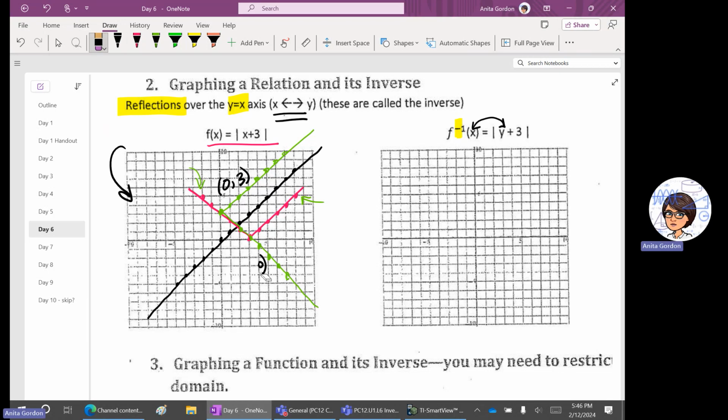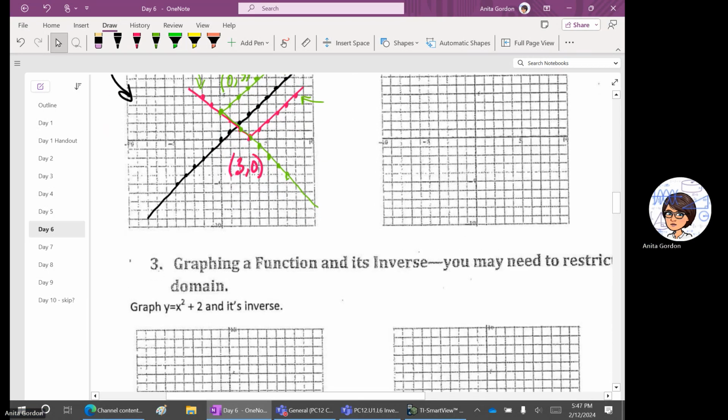I guess I should have written this in the appropriate colors. My original vertex was 3, 0, and I'm exchanging the positions of the coordinates. 0, 3 is where my new vertex is, and your graph is now sideways in this case.